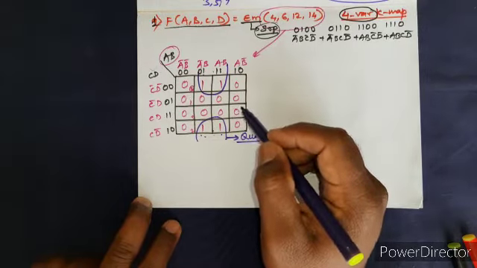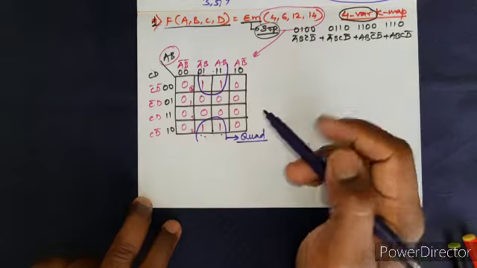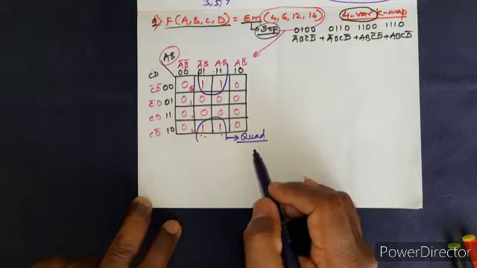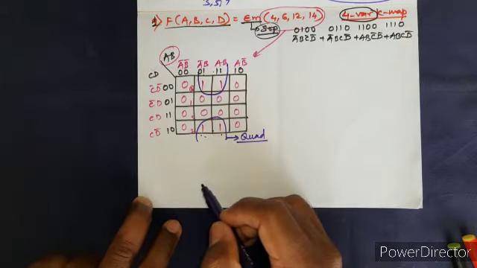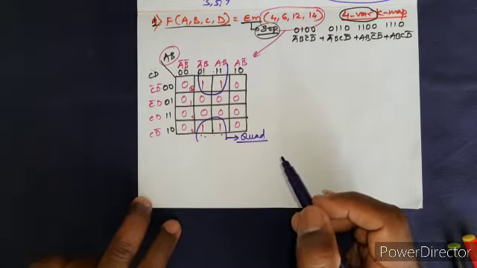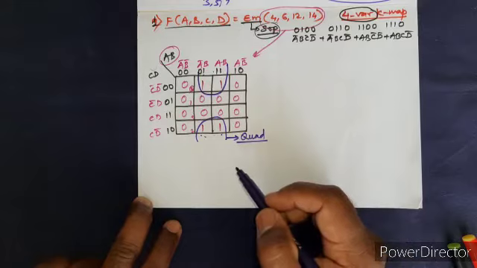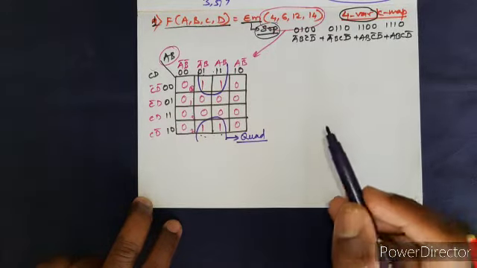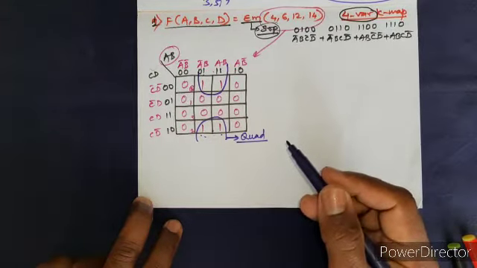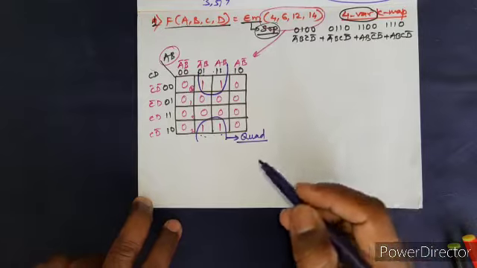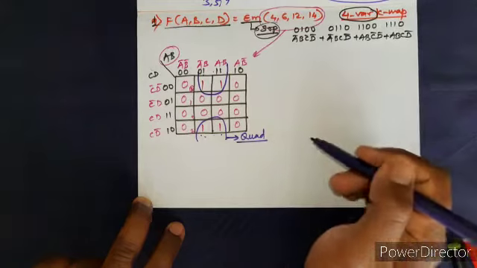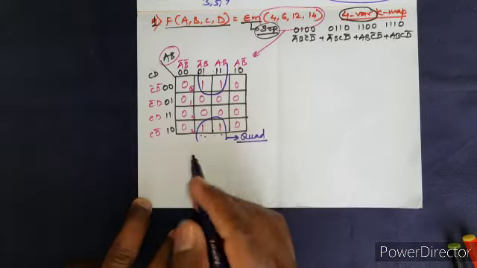If you take a group as a pair, then only one variable is reduced. If you take a group as a quad, then two variables are reduced. And if you take a group as an octet, then three variables are reduced. So the bigger the group, the more variables are automatically reduced, and you will get a simplified and reduced equation. Therefore here, instead of pairs, we have gone for a quad, a single quad, right?